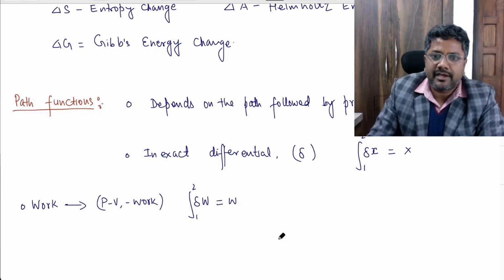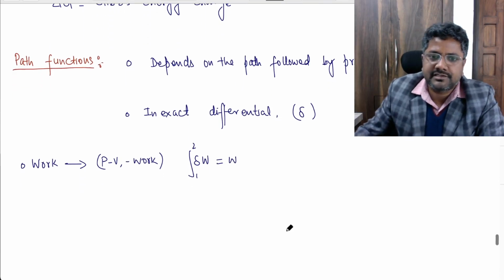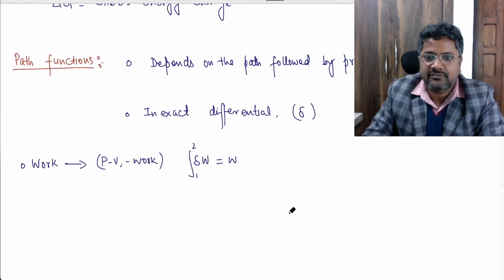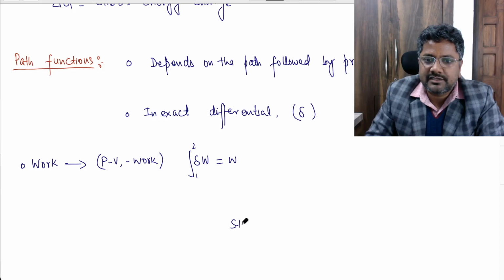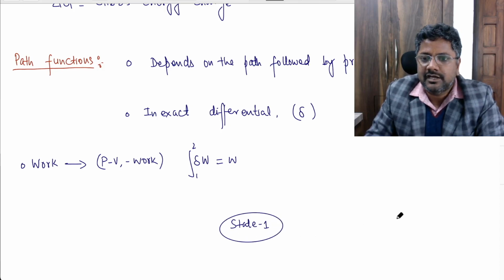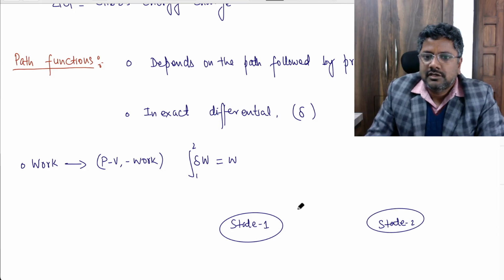One more way to define path functions. Suppose that this is state 1, and this is state 2. Suppose that we are moving from here to here.